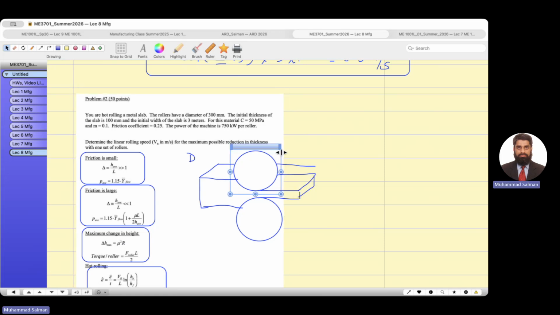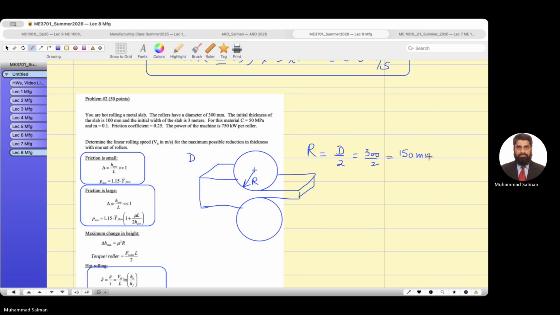Now, if this is the diameter, let me tell you, and what is the radius? So you will tell me, Professor, radius equals to diameter divided by 2. Usually we are concerned about the radius. Most of the, like over here, we are using radius, and then we will use it over other formula. So it is 300 divided by 2, 150 millimeter.